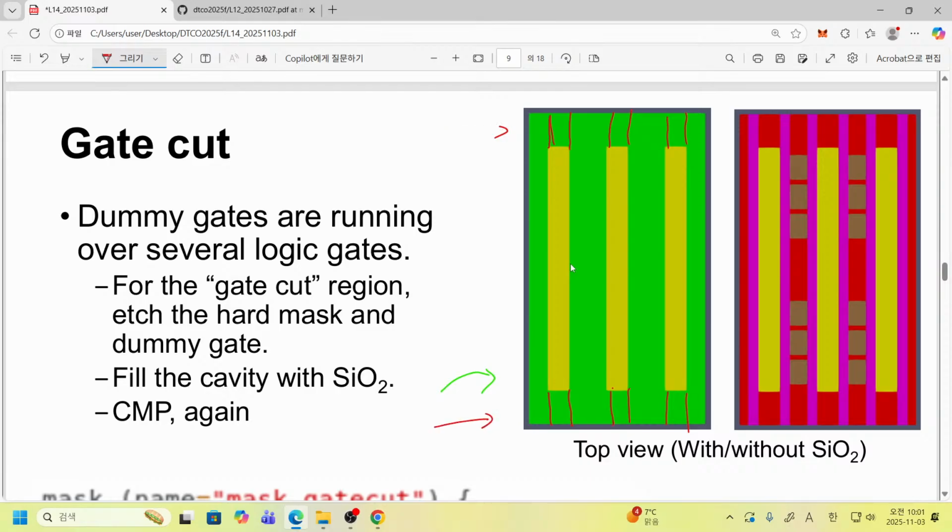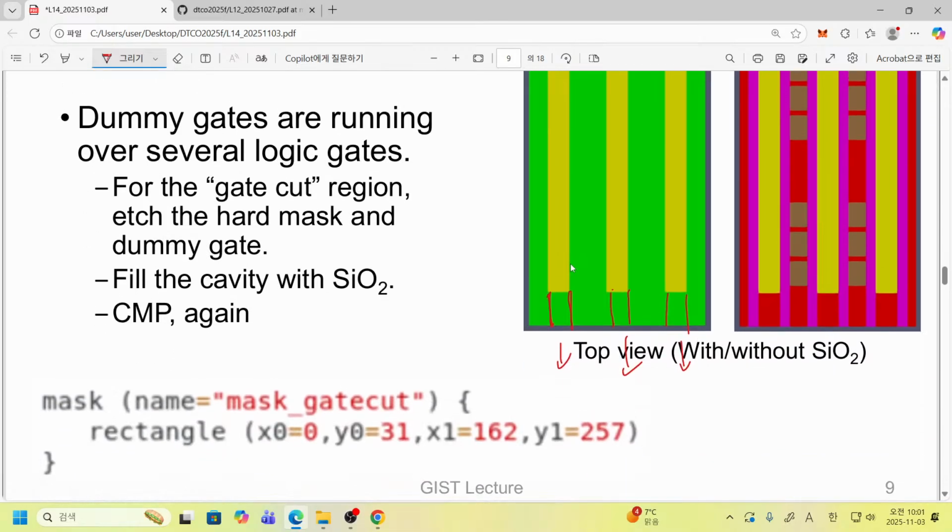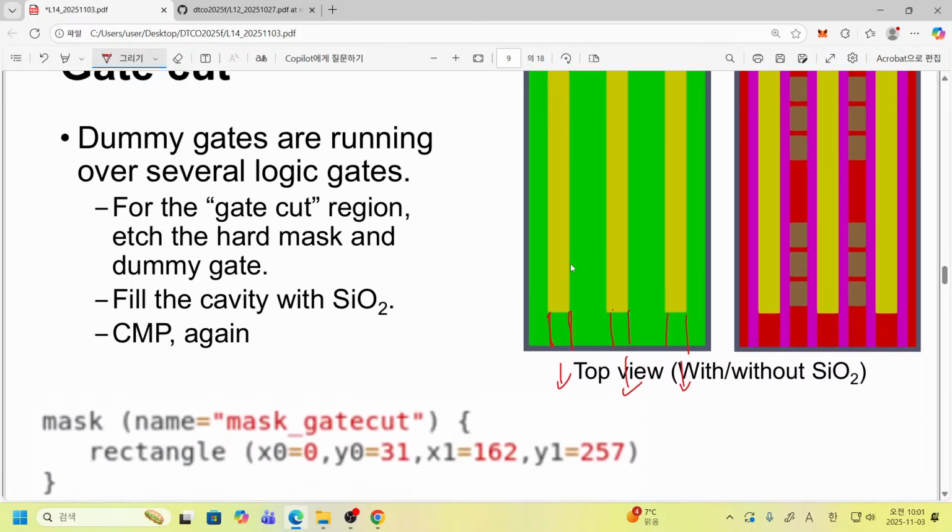So our initial structure just looks like ever-running lines in a vertical direction. Along the y direction, we have a long line of dummy gates. Then what happens? We know that this part will become an inverter. And let's say that we have the next cell, and it will also become another inverter.